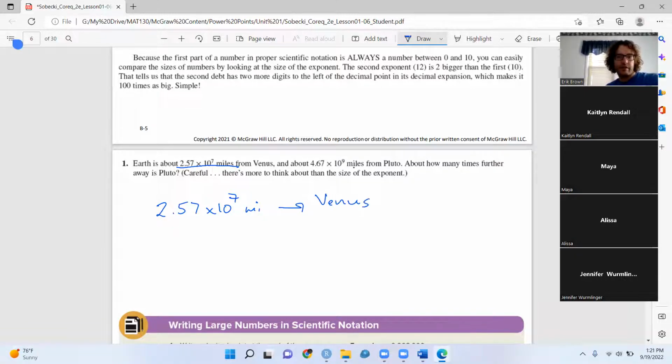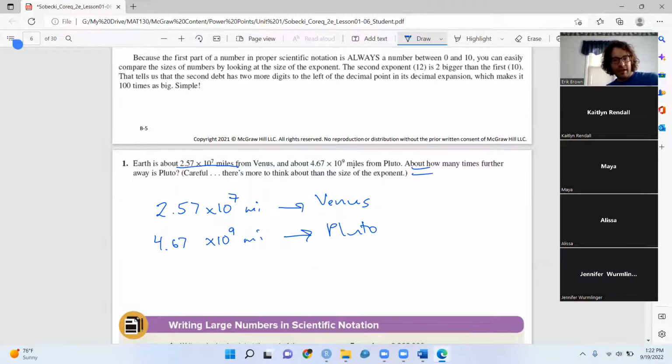And if we were trying to get to Pluto, which is the furthest planet from us when the orbits are what they are, that's this one. And the author says, well, how many times further away is Pluto? We're just going to guess.